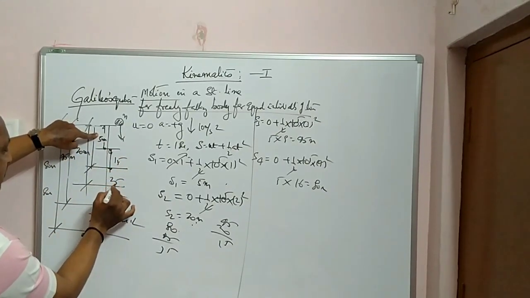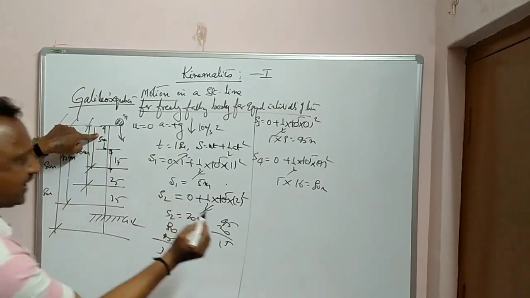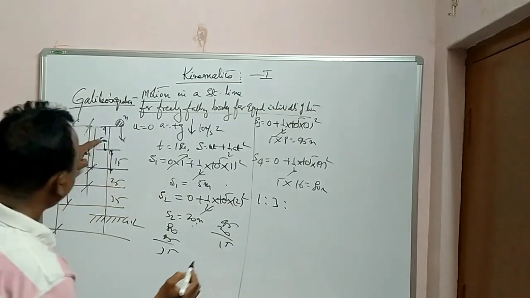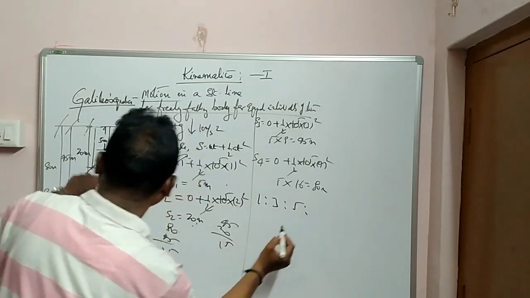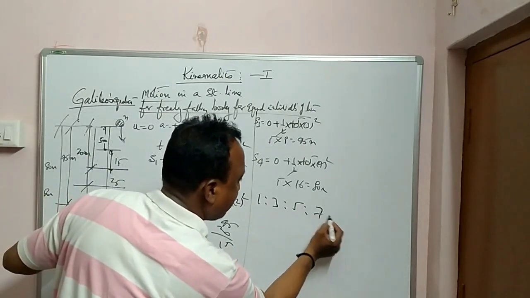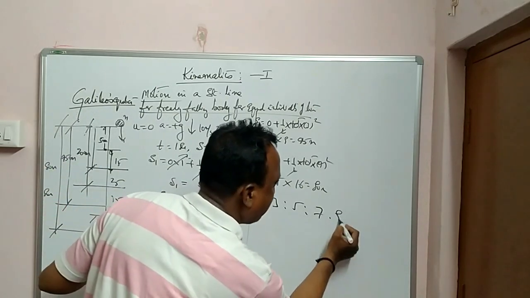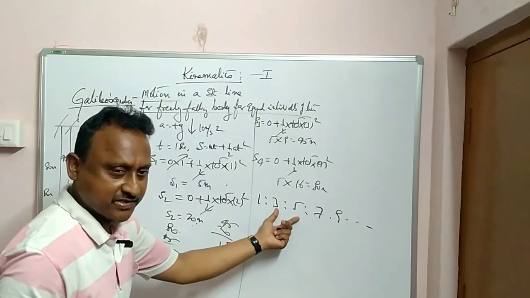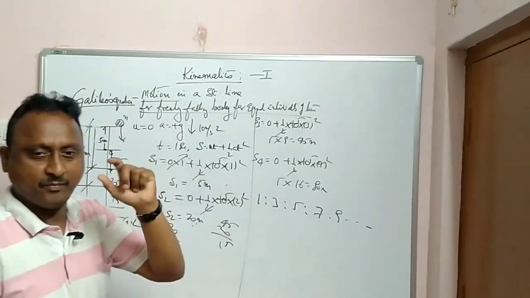5, 15, 25, 35. That means 5 ones are 5, 5 3s are 15, 5 5s are 25, 5 7s are 35, 5 9s are 45. See the ratio? 1 is to 3 is to 5 is to 7 is to 9. Odd numbers are coming.